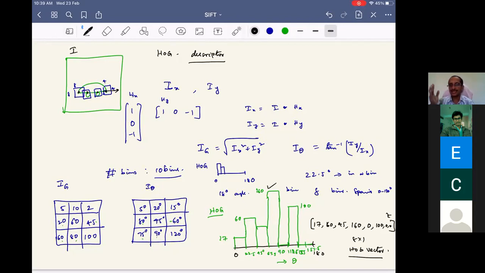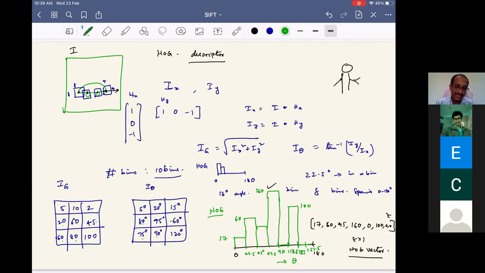If I visualize it, as you have seen in the previous example, a human will have the dominant orientation along the vertical direction, if this is 90 degrees. Then the next dominant is 45 degrees.